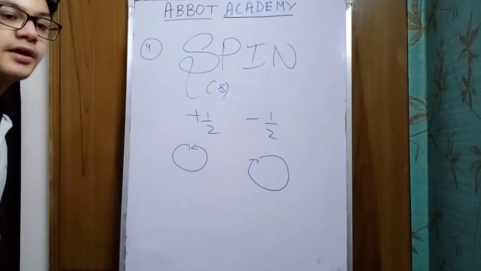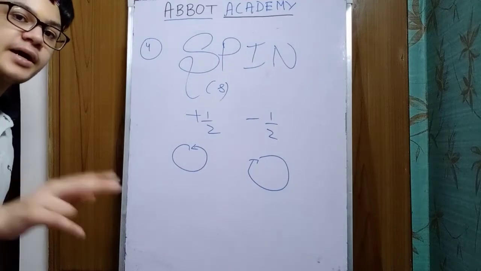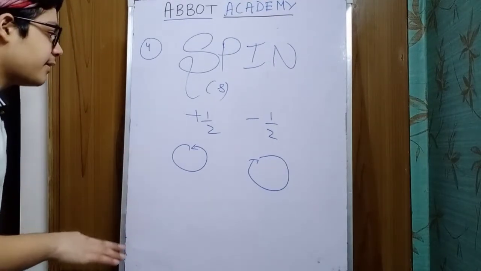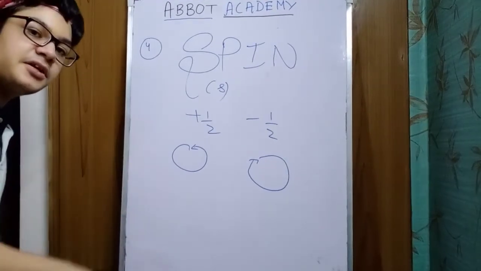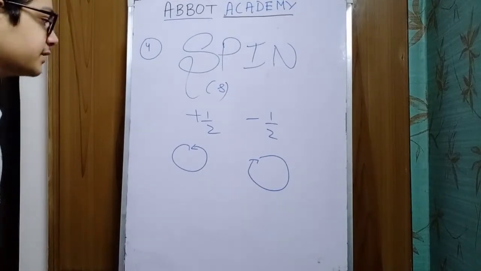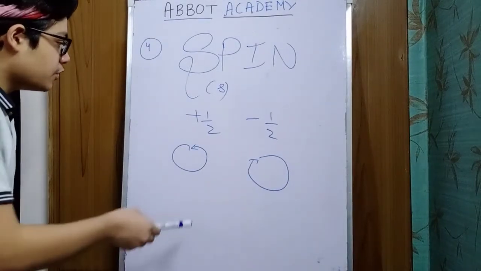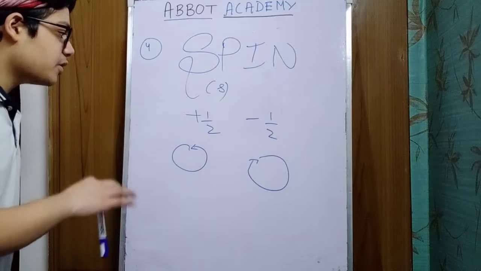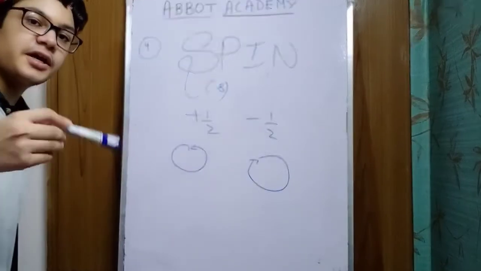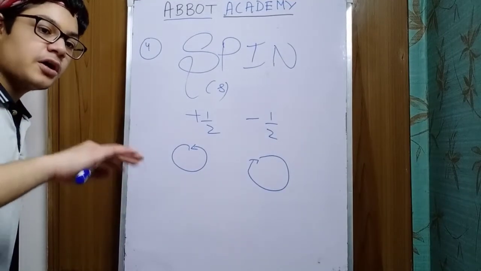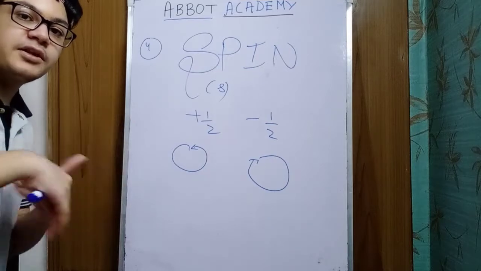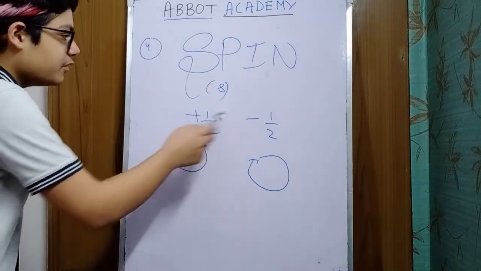It's just a convention. You can also consider positive half for anti-clockwise. Clockwise and anti-clockwise represent opposites, so we denote them with opposite signs.